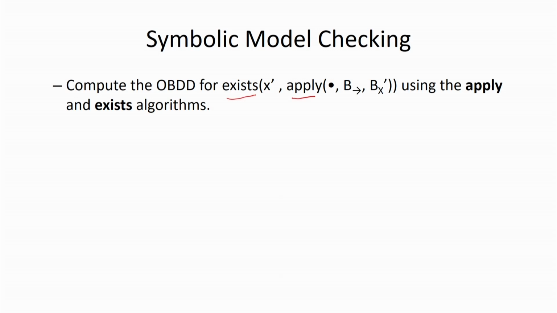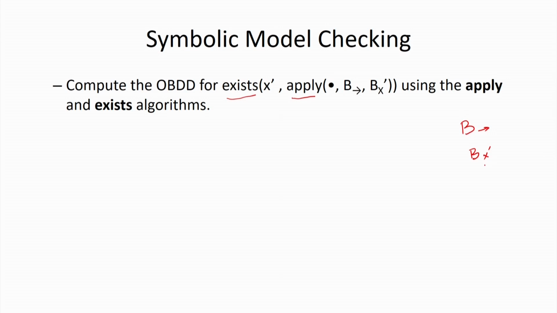So, when we are using this particular apply algorithm, we are using two BDDs: the BDD for the transition system and the BDD for the set of states. Now, when we use this apply algorithm, both B x prime and B arrow must have a compatible variable ordering.